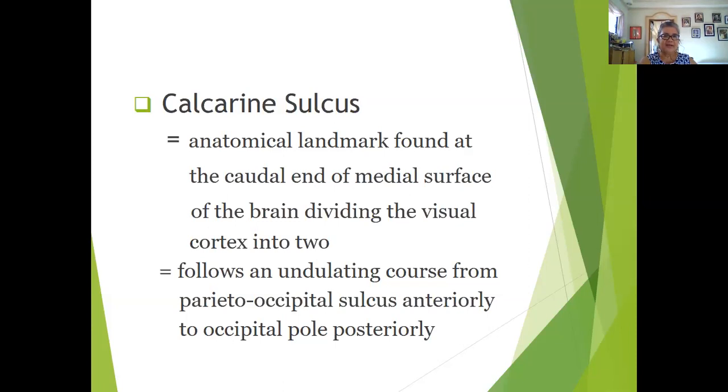So your calcarine sulcus will intersect your parieto-occipital sulcus, separating your temporal and your occipital sulcus.